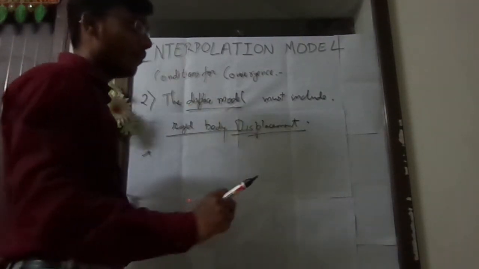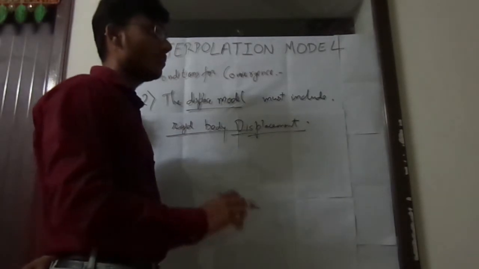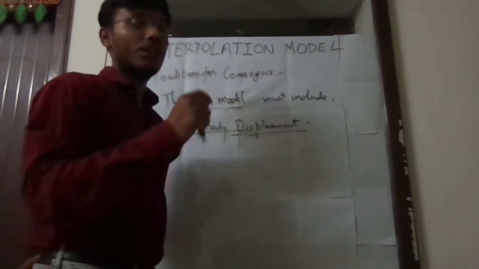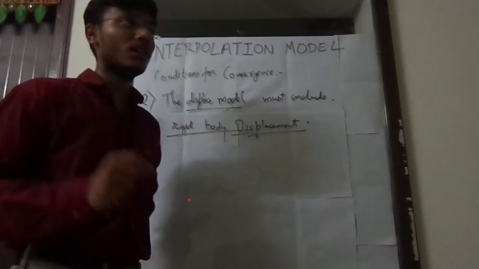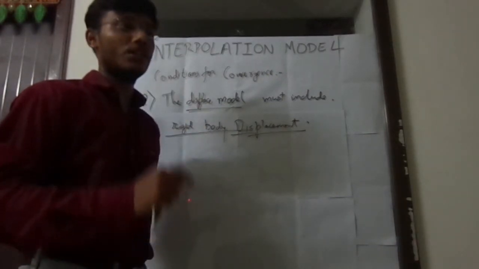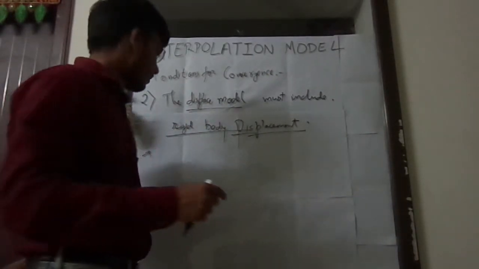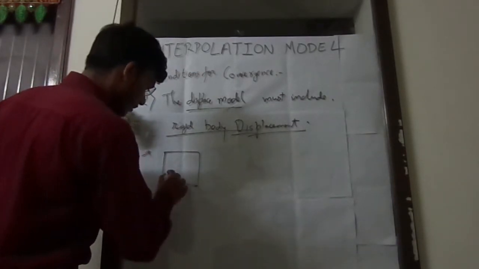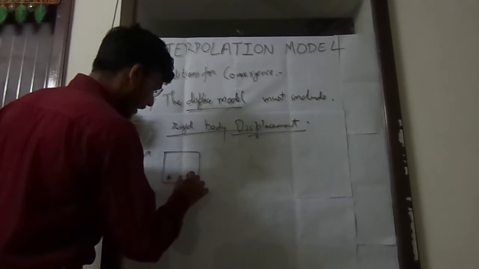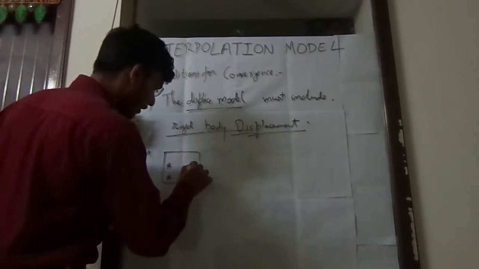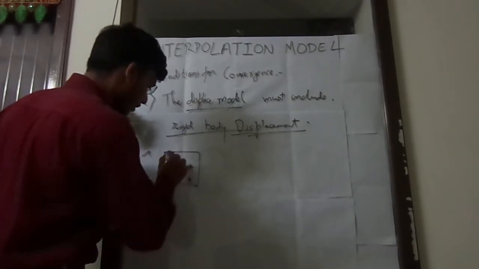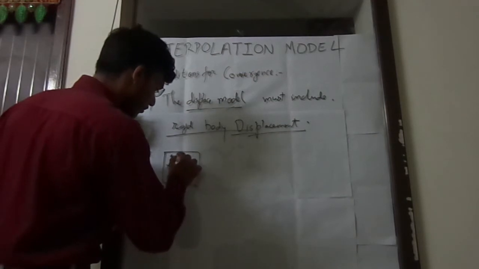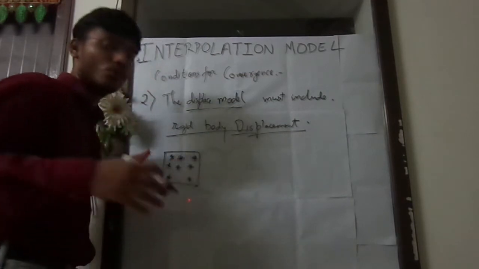I will tell you the definition. There should be a condition, or there should exist a combination of generalized coordinates such that the displacement at every point has to be the same or constant.